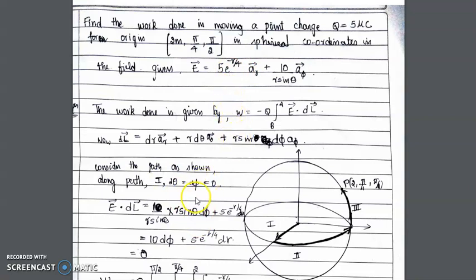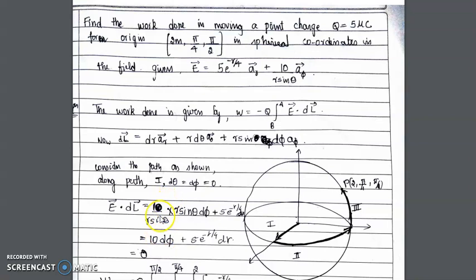Substituting this and obtaining the dot product, you will get E dot dl equal to 10 by r sin theta into r sin theta d phi plus 5 e^(-r/4) into dr, because the theta component is 0, so there won't be a theta component in the dot product. You will get only the phi and r components.